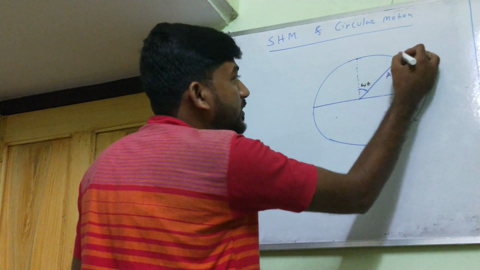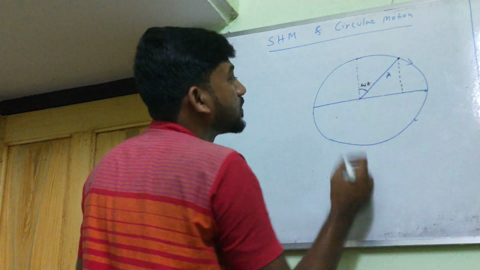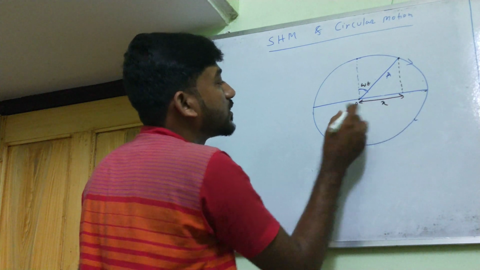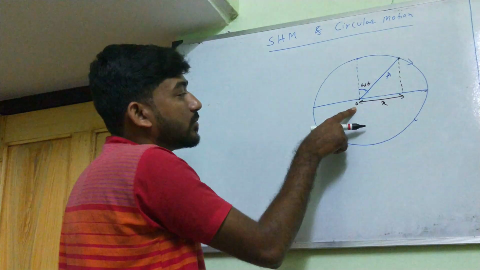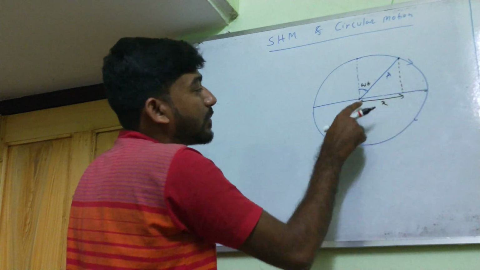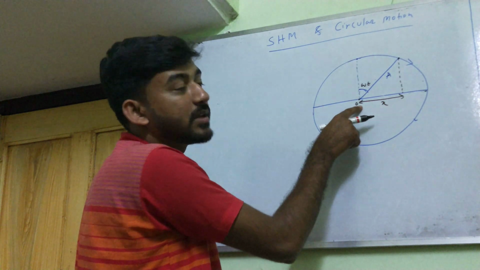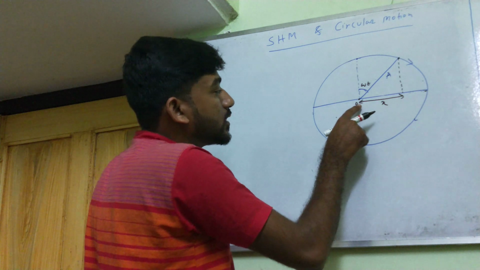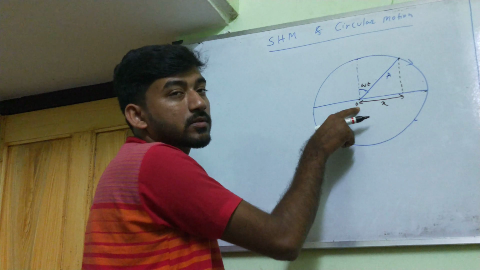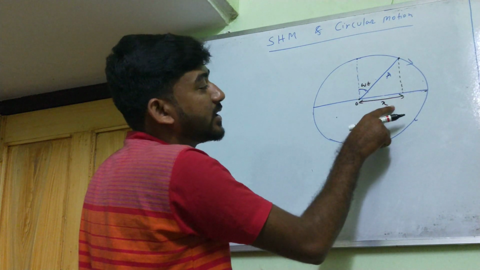Now if you take the projection of this particle on that point, then this will be the position at any time from this origin, the point of oscillation, because the projection of this particle will execute SHM along this line about this equilibrium point. This will act as the equilibrium point. So the position of this particle with respect to this origin will be the displacement of the particle at any time t.